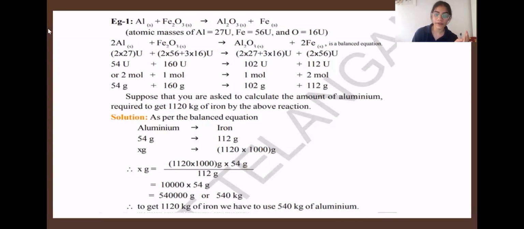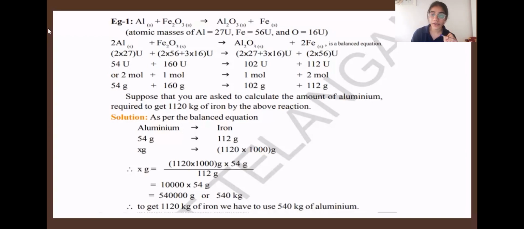Already we know that 54 grams of aluminium gives us 112 grams of iron. How? We calculated it using our equation. So from the equation you see that 2 moles of aluminium gave us 2 moles of iron, right? So 54 grams of aluminium gave us 112 grams of iron.